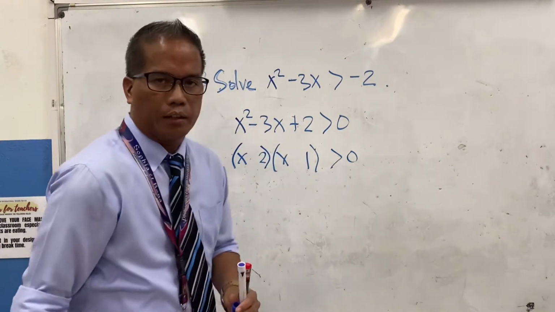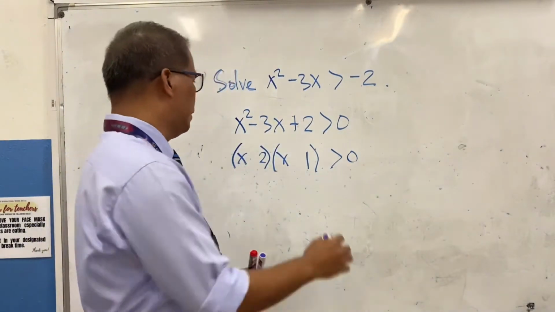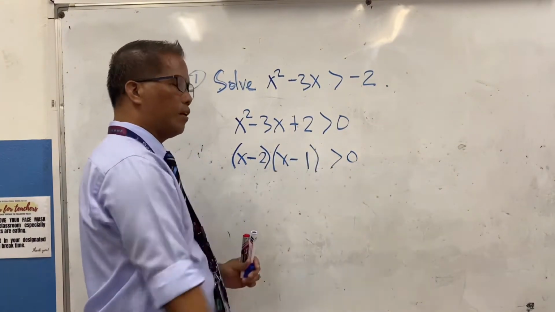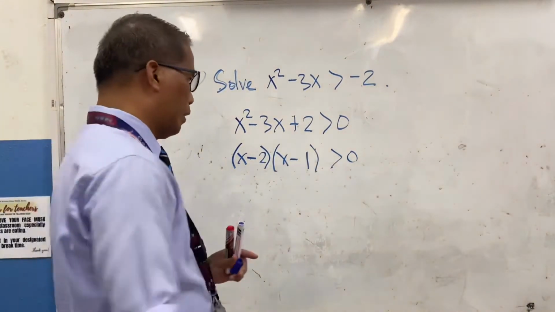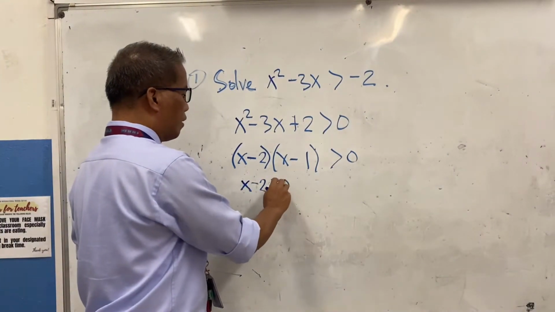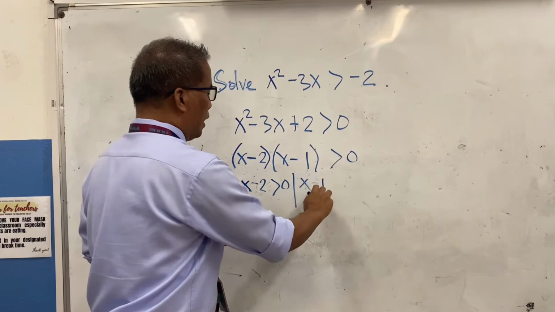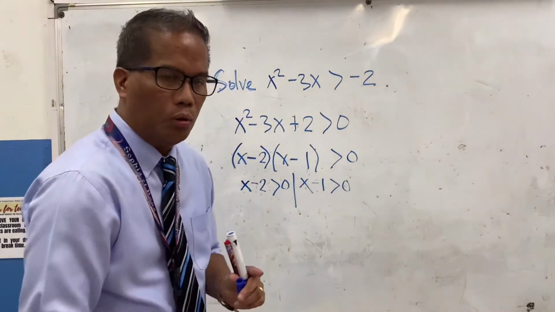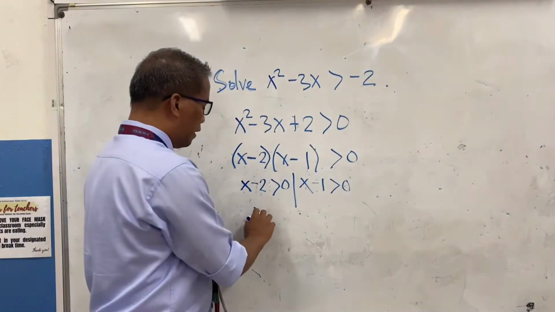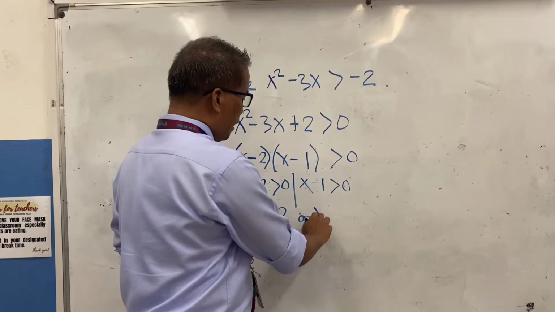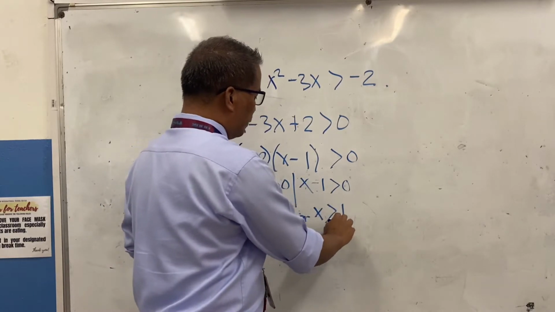Then since the middle term has a negative sign, we will assign here (x minus 2)(x minus 1) greater than 0. Then equate this to 0, we have now x minus 2 greater than 0, x minus 1 greater than 0. Transpose negative 2, we have x greater than 2 or x greater than 1.